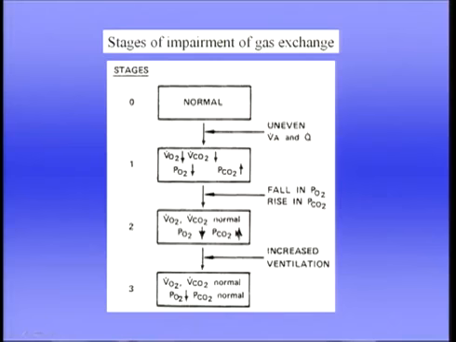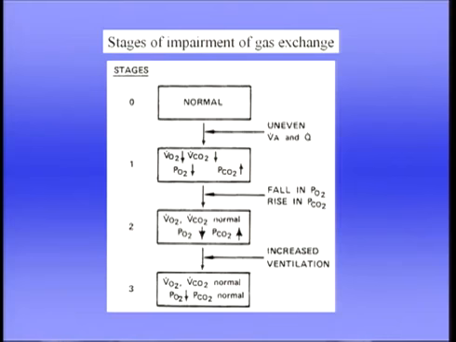And the reason is that the body is extremely, quote, reluctant to allow the PCO2 to rise. Why is that? Probably because an increase in PCO2 alters the acid-base balance of the body. And there are many enzymes in the body, the function of which is very dependent on the prevailing pH. So the body is very jealous, if you like, of maintaining the PCO2.